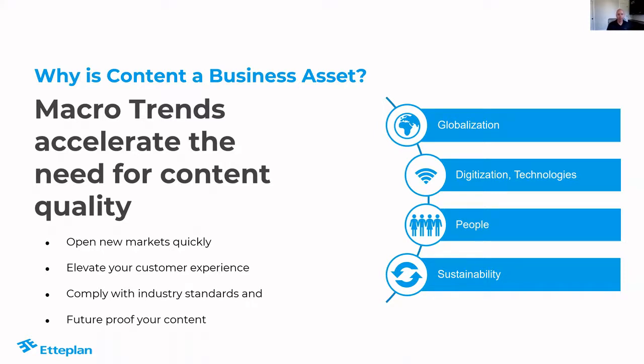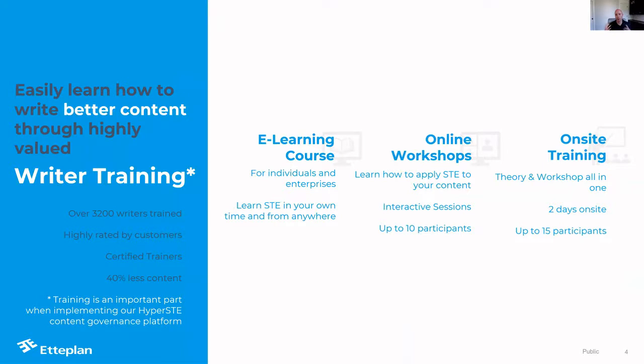So that being said, over the last 15, 18 years or so, we have always been training our technical writers. We have our own technical writers, close to 600 these days, but we also train our customers, usually as part of a Hyper STE implementation. Hyper STE is our content platform software.